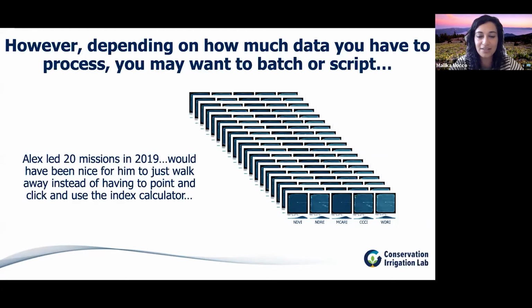But with the processing that you need to do, you start to get to this place where it's like, oh, well, we're going to do 20 missions, or we're going to do 30 missions, and you want to process all of them, and the processing time takes a long time. And just like anything else that you would automate for yourself, this is not necessarily something you want to sit through and click through. You might want to get to this place where you batch process or you script.